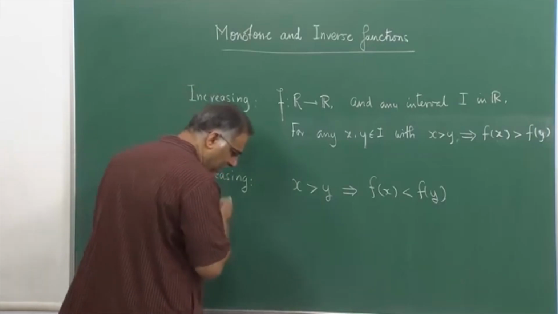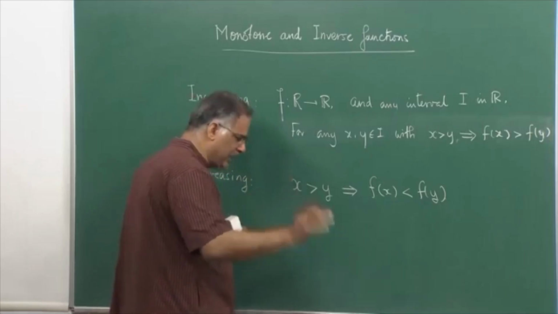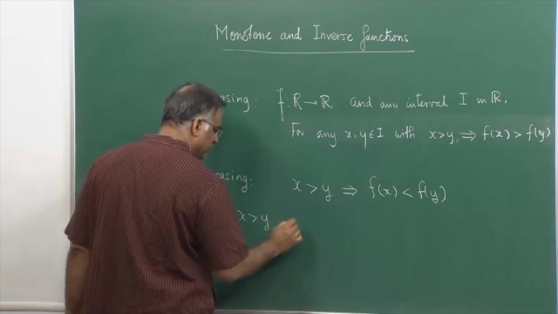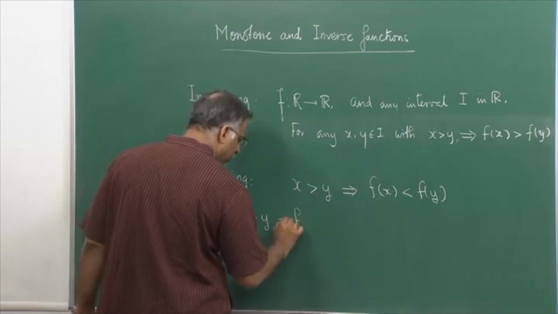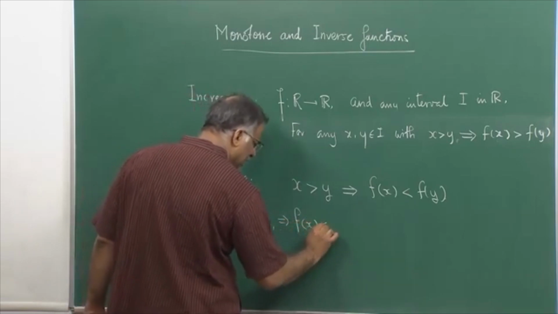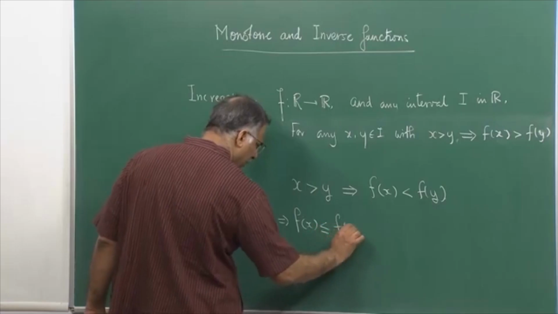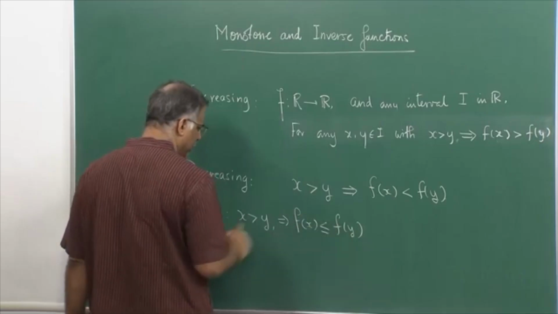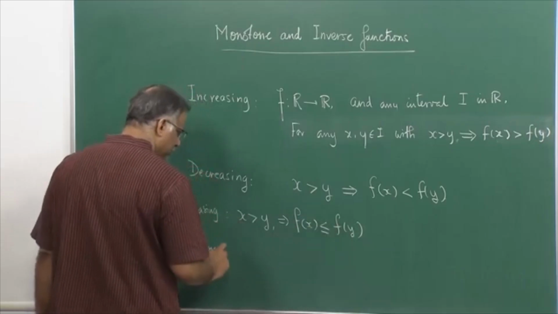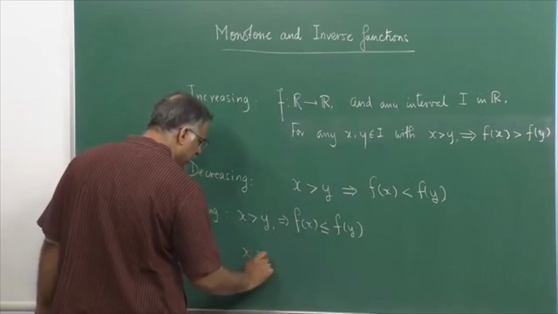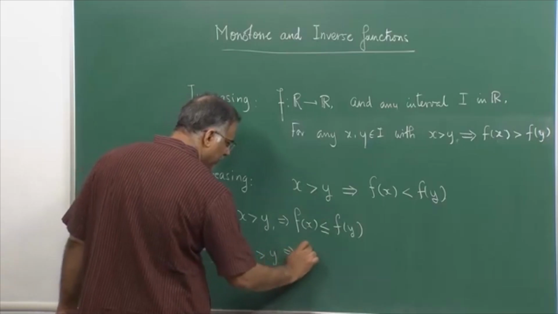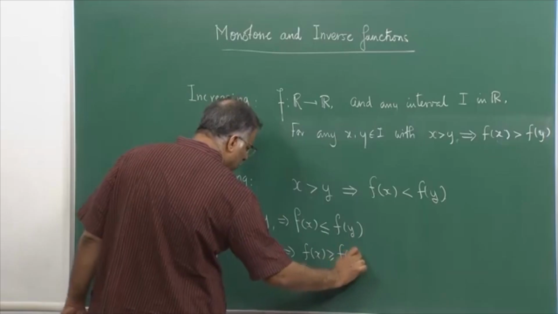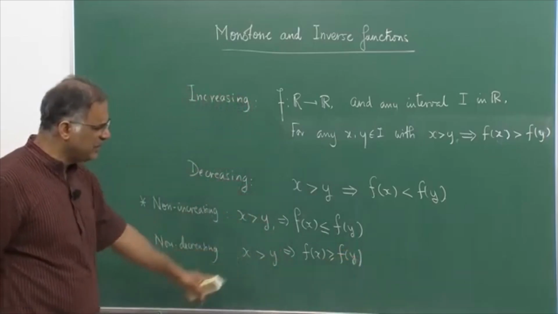If anything at all happens, it either remains the same or it decreases. So if x is strictly bigger than y, then f of x is less than or equal to f of y. It could remain equal, but it won't increase. And for non-decreasing, if x is strictly bigger than y, then f of x is greater than or equal to f of y. f of x need not always be strictly greater.